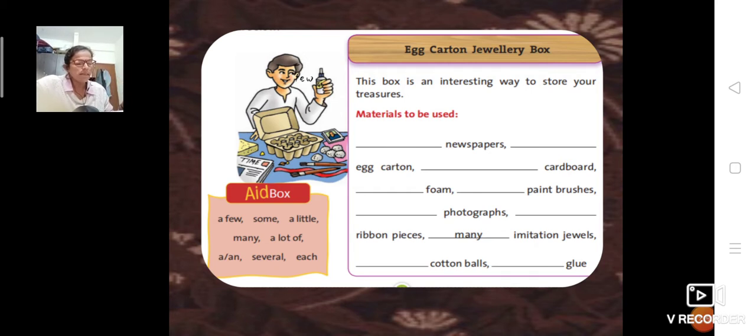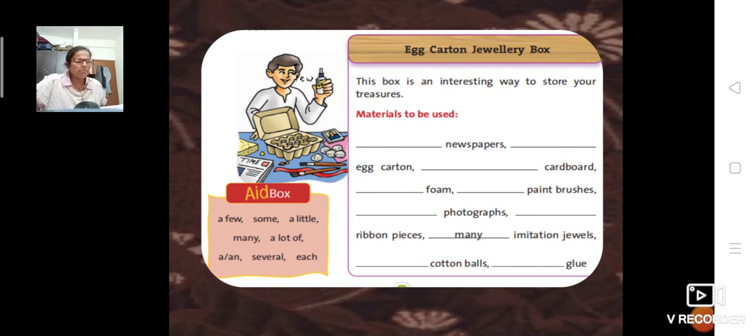Read the procedure for making the same and fill in the blanks using the words given in the aid box below. It means he is going to make a jewelry box on his own, made at home. I hope everyone knows what a jewelry box is, right children? To keep the jewels and all, we need a box. So he wants to gift it to his friend.